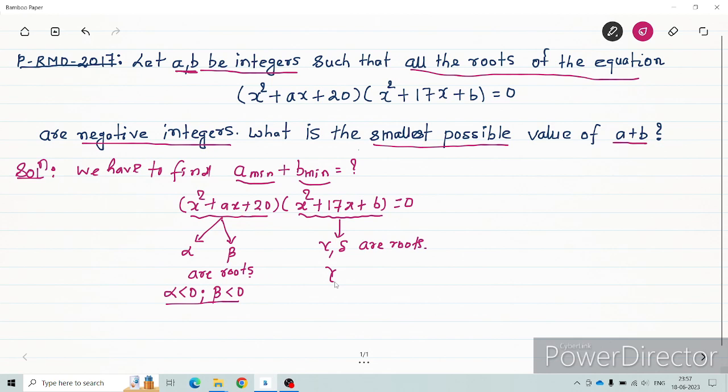It means gamma is also less than 0 and delta is also less than 0. So alpha, beta, gamma, delta are the four roots of the given equation, and all four roots are negative.